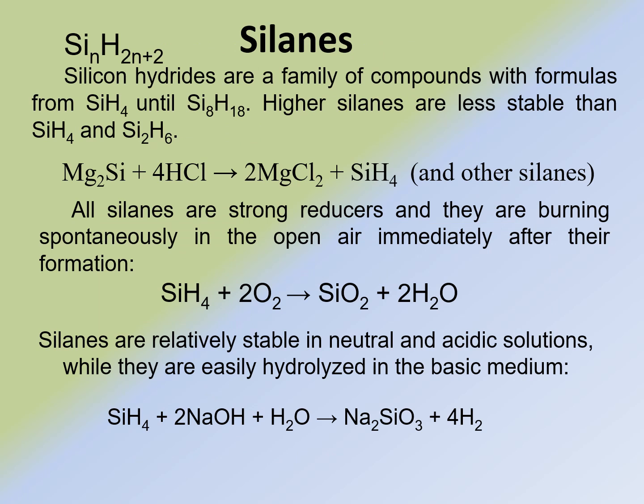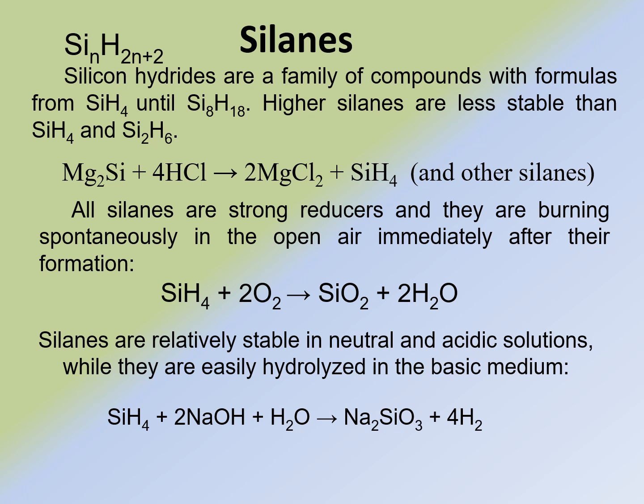Silanes, or compounds made of silicon and hydrogen. Check the formula, it's just like alkanes, but Si is there instead of carbon: SinH2n+2. But what's the problem about these compounds? They are very unstable.